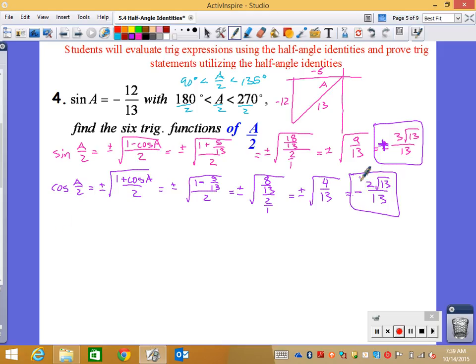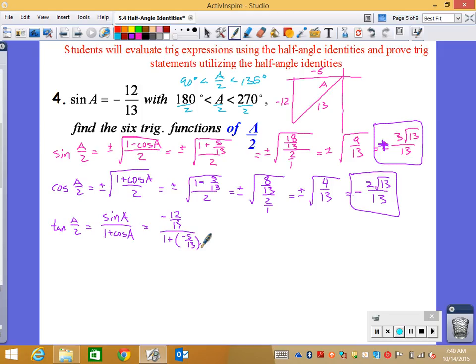And lastly, tangent A over 2. I'm going to use the sine of A over 1 plus cosine of A. What's the sine of A here? We're given that. That's negative 12 over 13 divided by 1 plus the cosine of A. Well, the cosine of A using my triangle is negative 5 over 13.